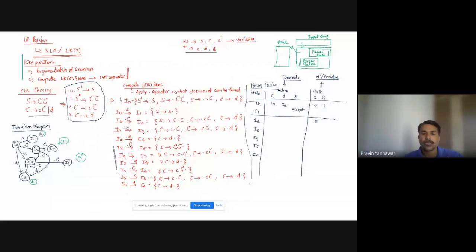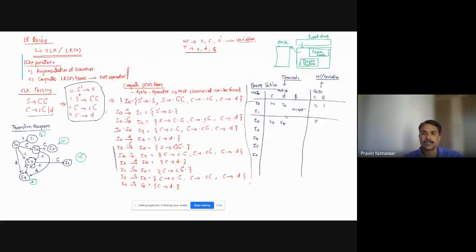I2 with small c we go with S3, because this is the third state. And I2 with d goes with S4, shift 4. So we are going for S3 and S4 here, shift 3 and shift 4, because we are going to that particular state.